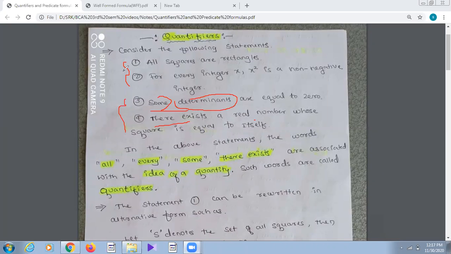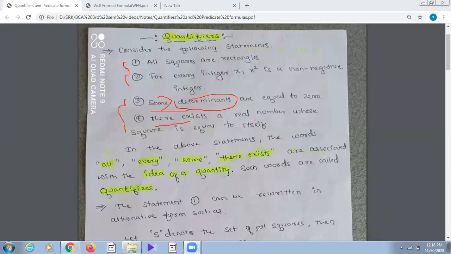So there are two types of quantifier: universal quantifier and existential quantifier. The universal quantifier tells about all the quantity, whatever the idea or things. And words like some and there exists tell about some quantity. That's why these are the existential quantifier.